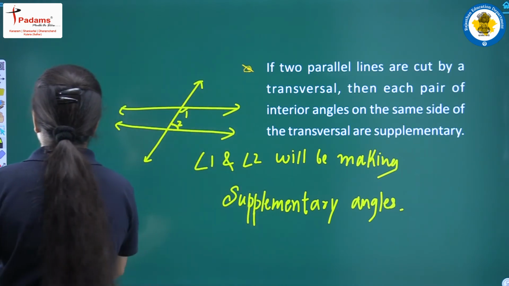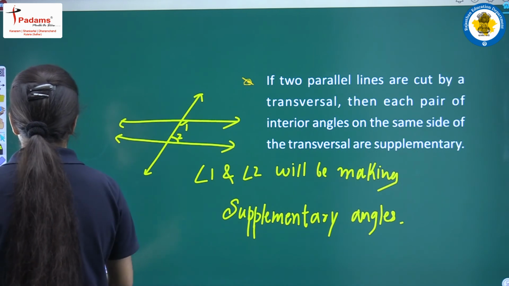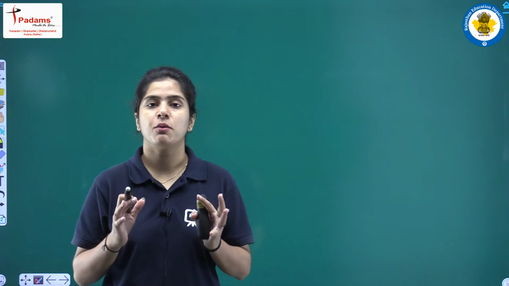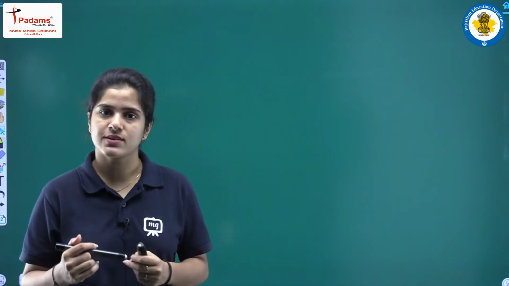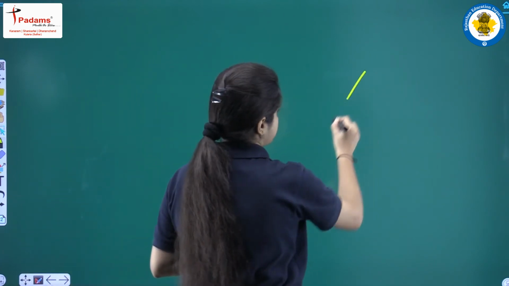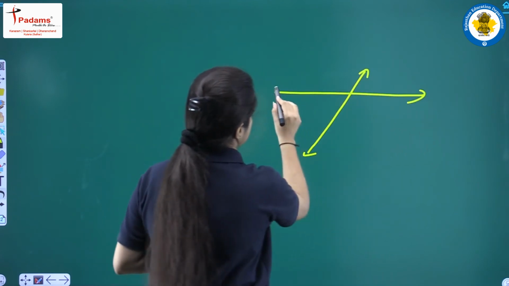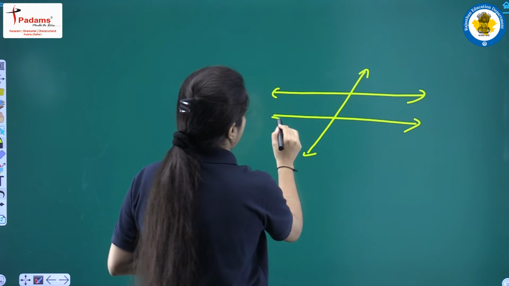Now I am telling you one or two concepts. Have a look students. We'll be talking about the angles made by the transversal on two lines. Suppose students, this is a transversal, this is a line and this is a line, okay.